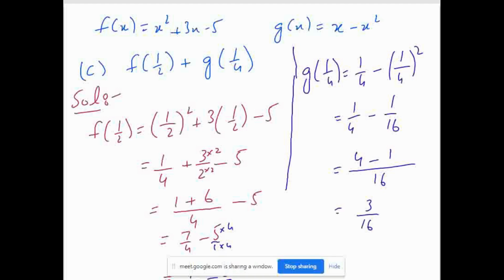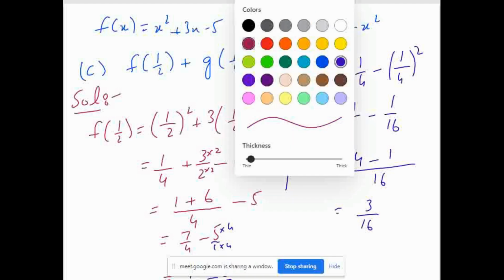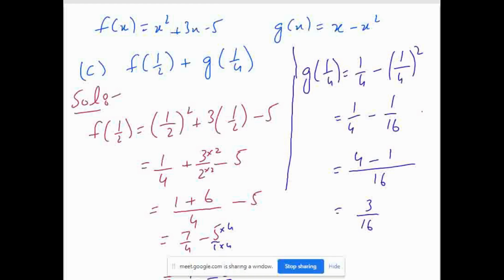Is it the right one? Is there any calculation mistake or not in this step? Here what we have to do is multiply by 4 so that the denominator should be the same. So here it will be 4 minus 1, which is 3 by 16.